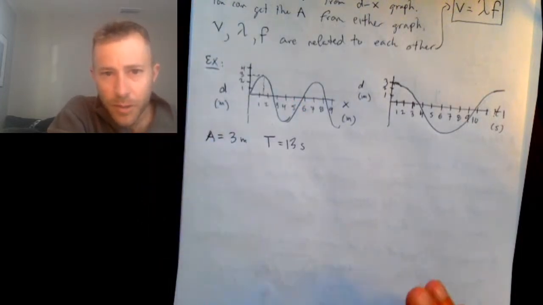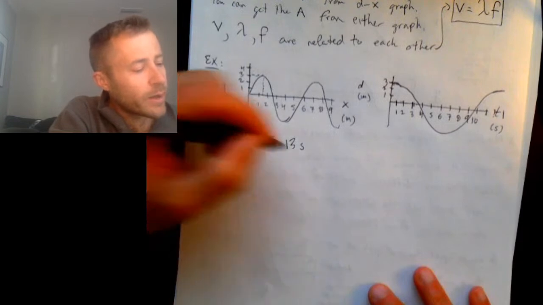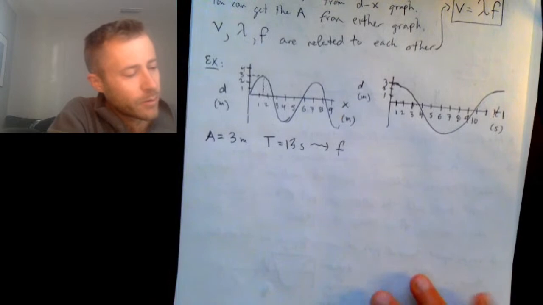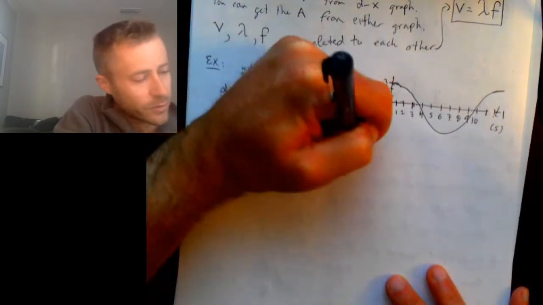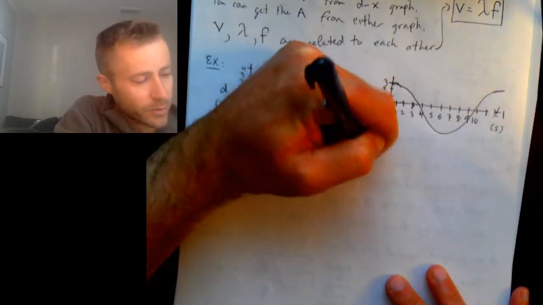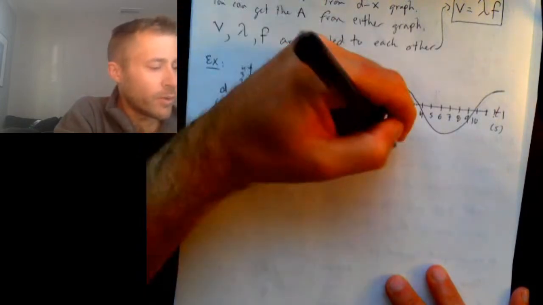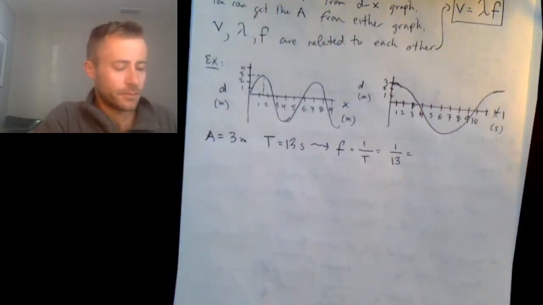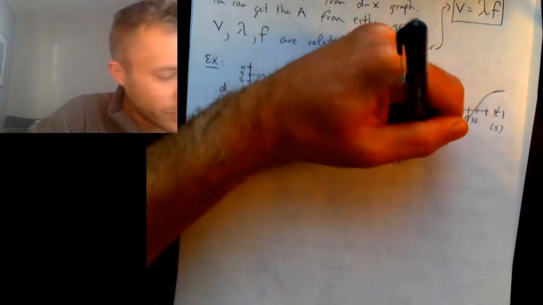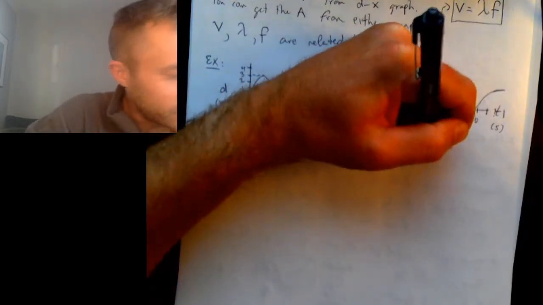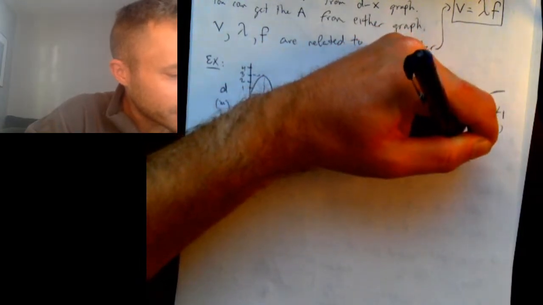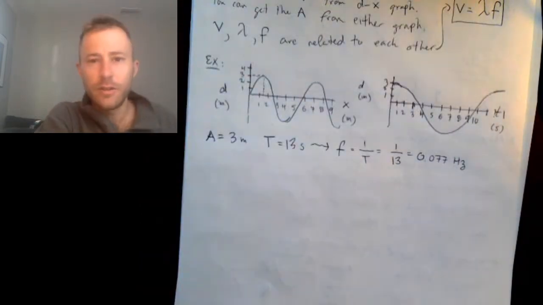Now, from the period, we can get the frequency. The frequency is 1 over the period, so that's going to be 1 over 13, which is 0.077 hertz. So that is the frequency.